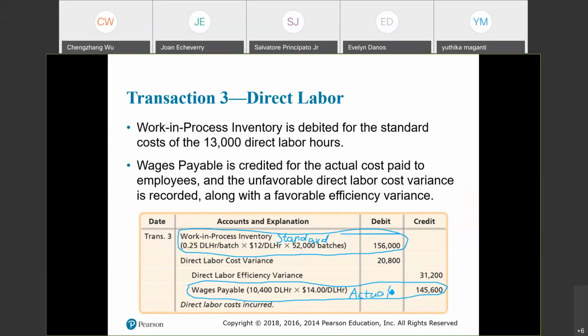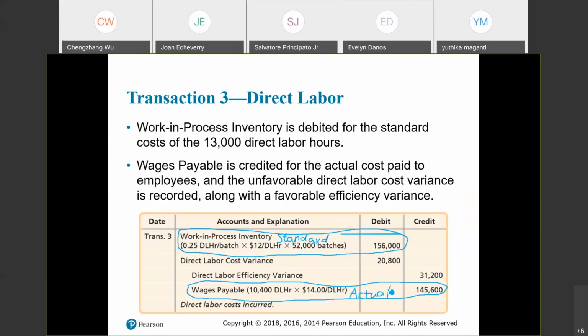So let's look at the difference. The difference should be categorized into two parts: cost variance and efficiency variance. From the previous analysis, we know the cost variance is 20,800, which is unfavorable.